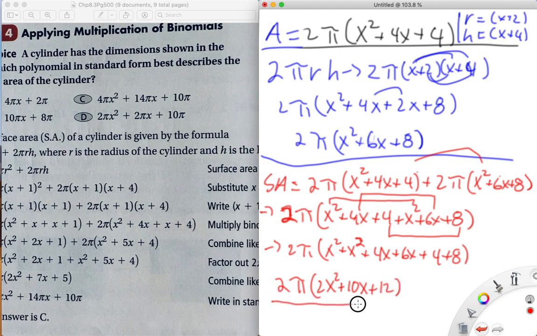So then my surface area is going to be 2 pi times the sum of 2x squared plus 10x plus 12. Basically, we used FOIL twice, and then we combined everything together.